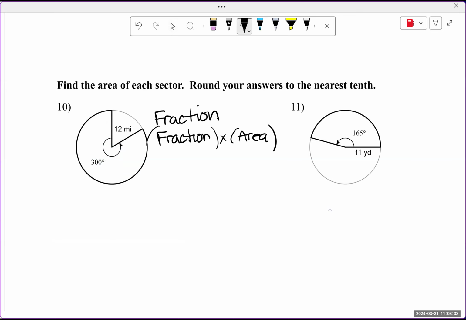Okay, so let's talk about degrees. How many degrees all the way around a circle? If you spin all the way around, you have done how much of a circle? If you spin in a car, you've done how many degrees in a full circle? Anyone know?